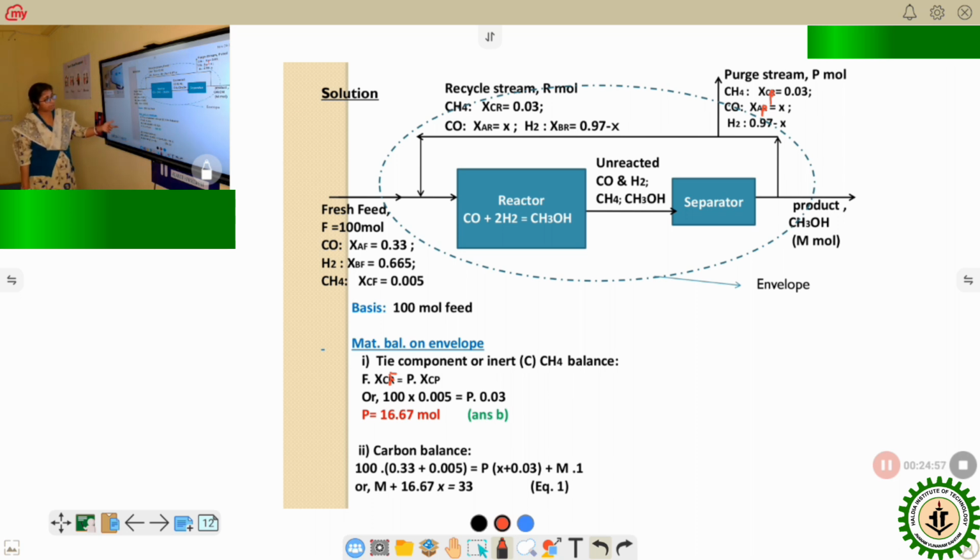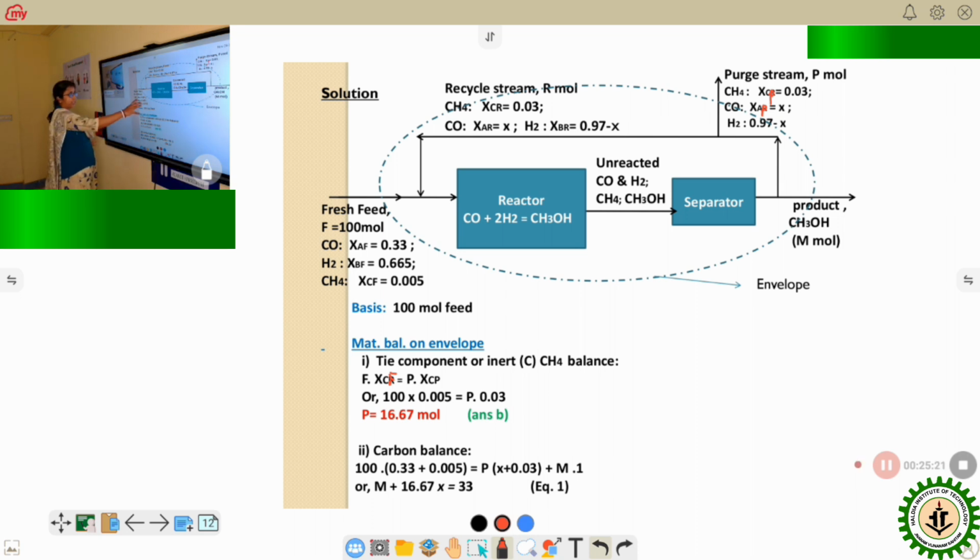Next, if we do the carbon balance on this envelope, what will we get? Carbon is present in carbon monoxide and methane, and in the purge stream there is carbon monoxide and methane also, and for the product stream, that is M moles, carbon is present.